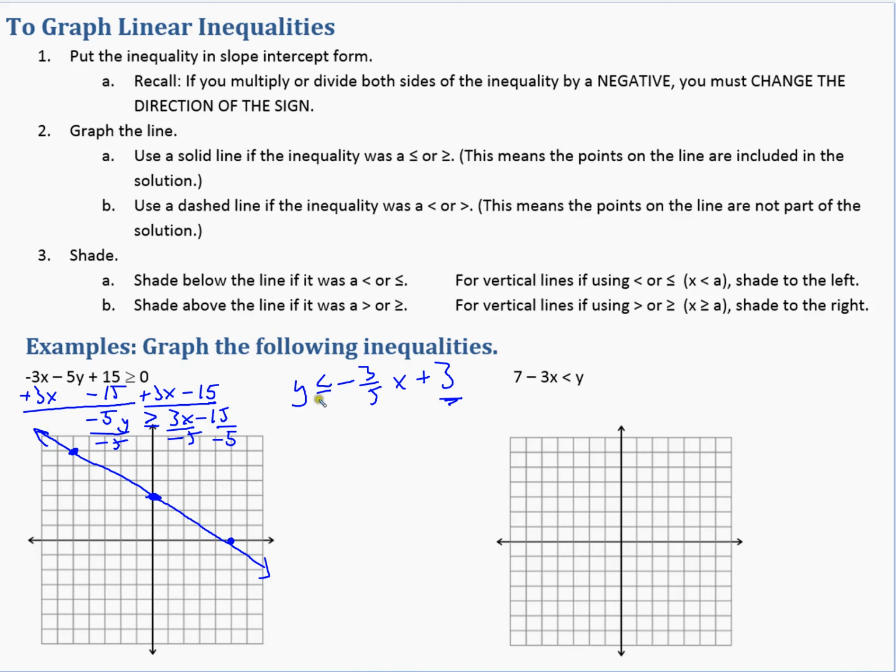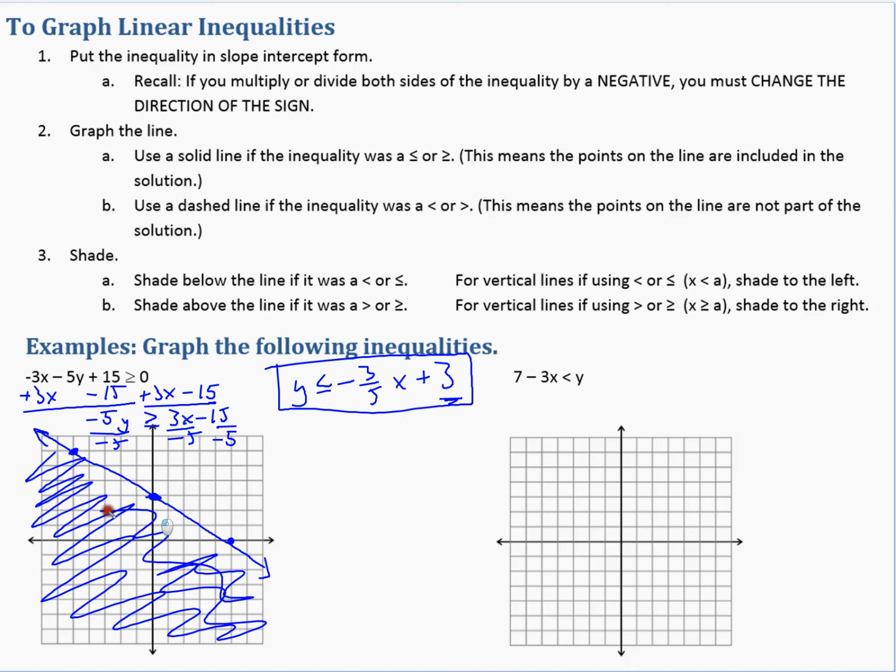And it's a less than or equal to. So we switch the direction of the sign, so we need to make sure we look at this equation to figure out where we're shading. It's a less than, so we're going to shade below here. And again, what this means is everything in the shaded region and on the line, because it's a solid line, will make this inequality true.